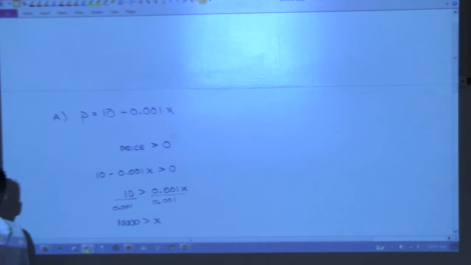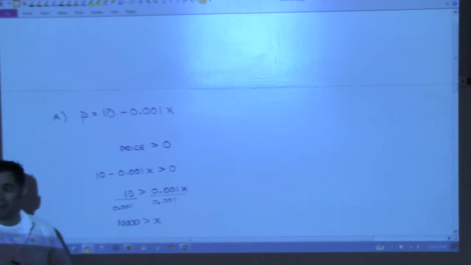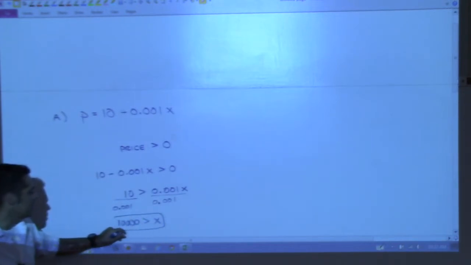So our x must be smaller than 10,000. What is x again? The demand for MP3 players. So in order to keep my price a positive number, I need my demand to be less than 10,000.